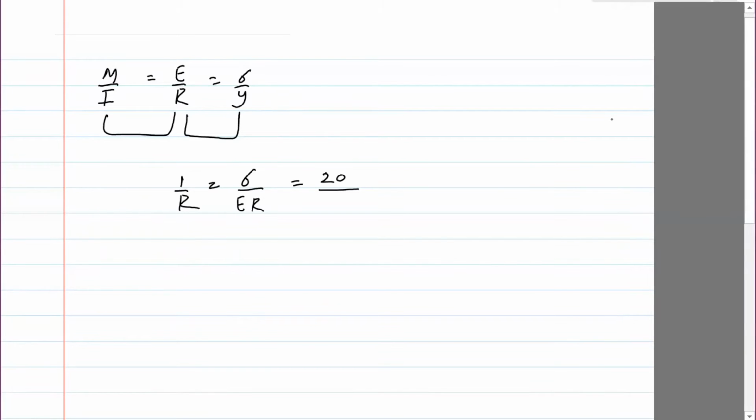E is given to be 10.6 times 10 raised to 6. So y is 5 divided by 2. And so if you find that, so that comes out to be, let me write this down.